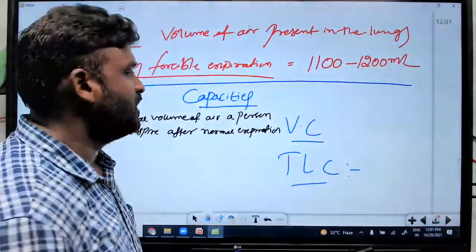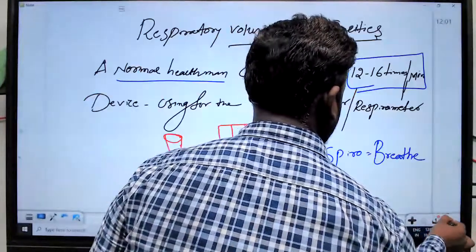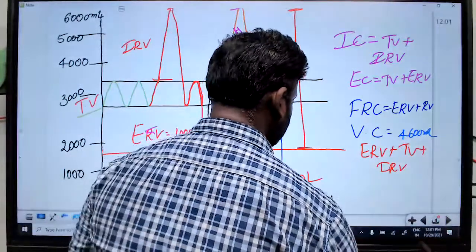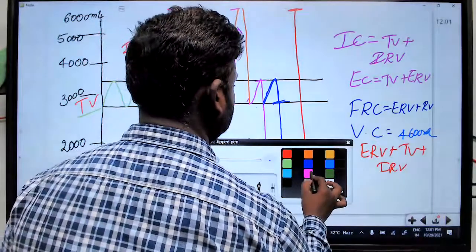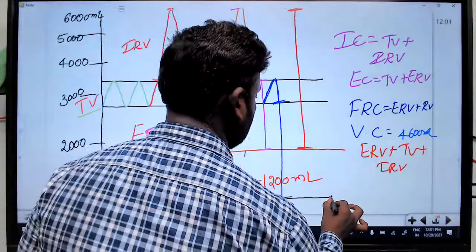After forced inspiration, the volume of air remaining in the lungs is called the total lung capacity. That is what this shows, from here to there.